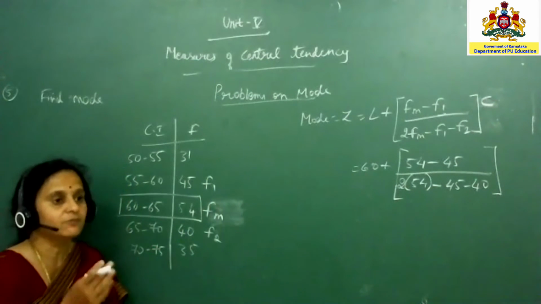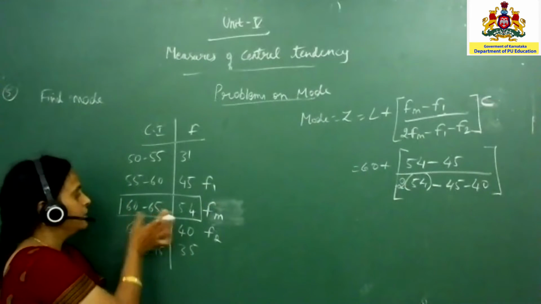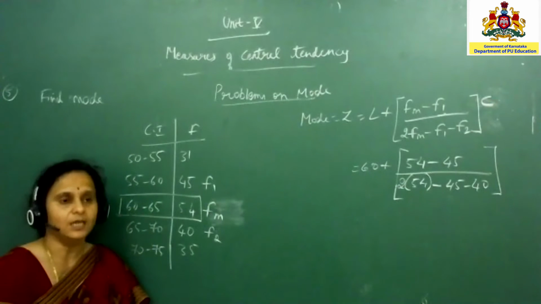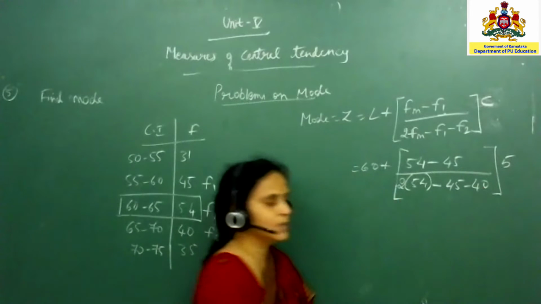Here C indicates the width of the modal class. The modal class is 60 to 65, so the difference, 65 minus 60, is 5. So 5 is the width of the modal class.